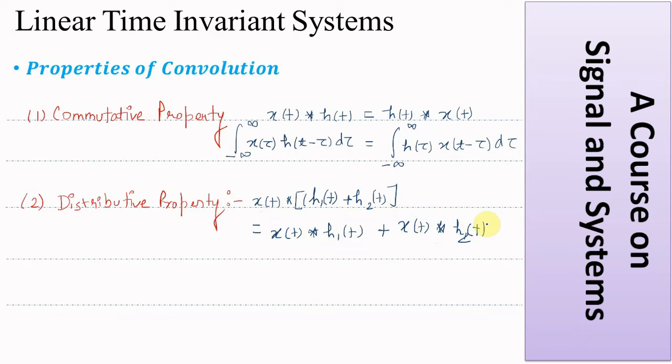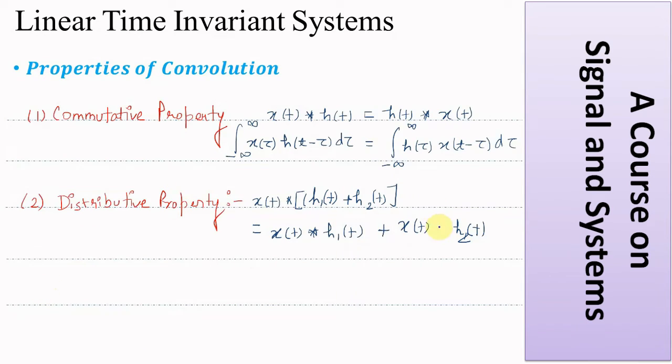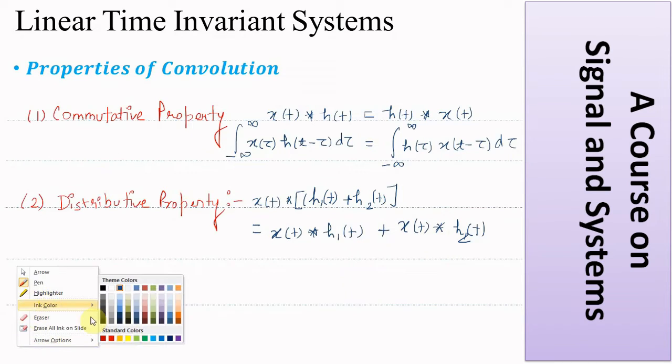So this is the distributive property, which states that if I have addition of two signals, I calculate the addition first and then convolve, or I can individually convolve with the two signals and then add the two convolved results, which is called the distributive property.